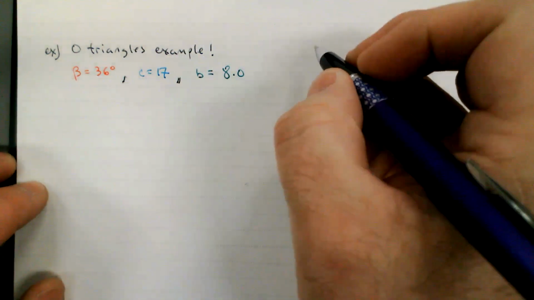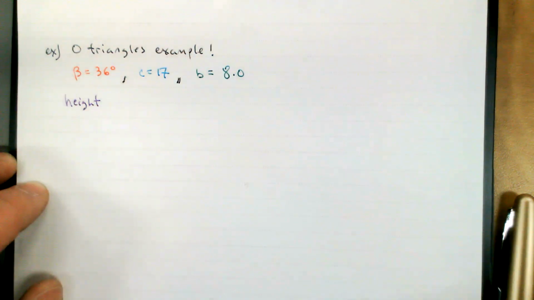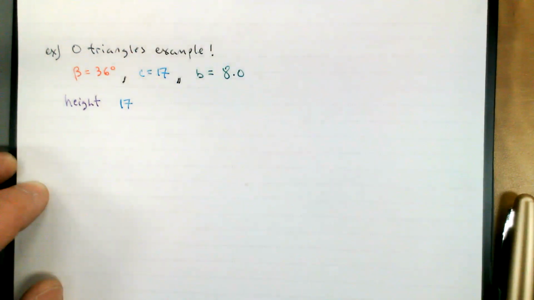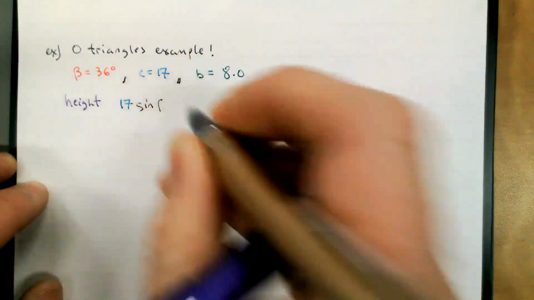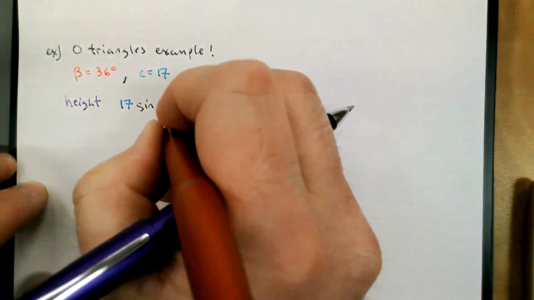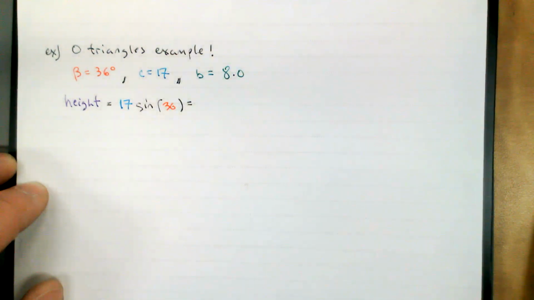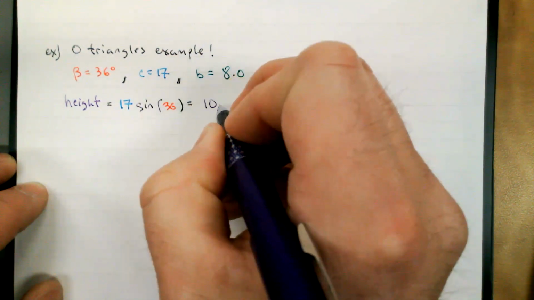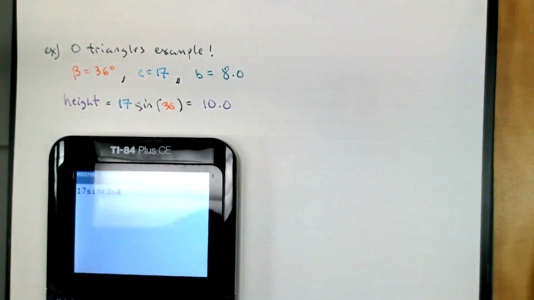So one strategy is to calculate the height. The height is going to be 17 times the sine of 36. We know from before that this is 10, but we're pretending that we don't know that. So just by calculating 17 sine 36, we get a height of 10.